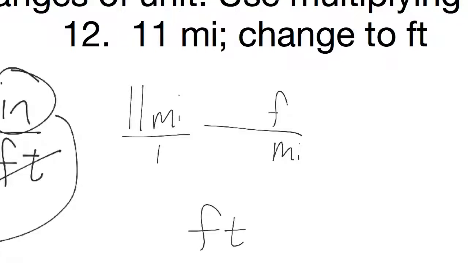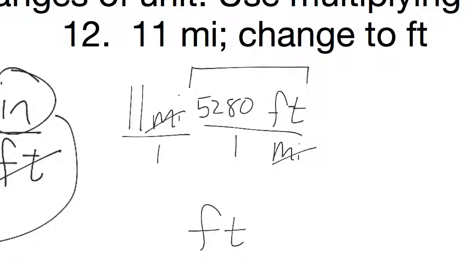I can go directly from miles to feet, because I know that there's 5,280, got to have that memorized, 5,280 feet for every 1 mile. So when I multiply, these are going to cancel, and then I get 11 times 5,280, which is 58,080 feet.